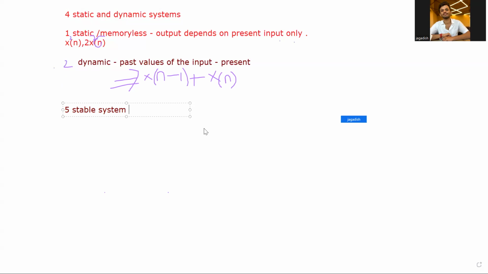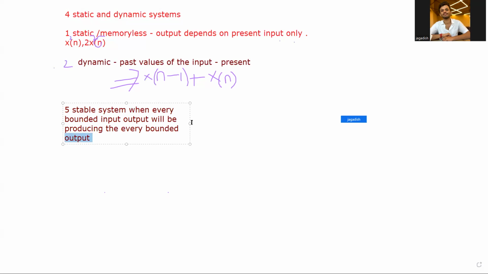When every bounded input will be producing every bounded output, then we will be calling that system the stable system.